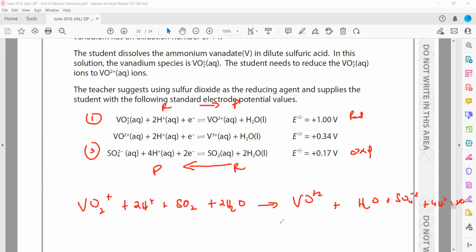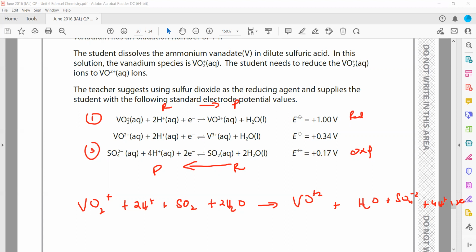When constructing an equation, the number of electrons lost by one should be equal to the number of electrons gained by the other. Here this equation is taking 2 electrons, and this is 1 only, so we first multiply by 2. The electrode potential will not change, we just change the number of electrons lost or gained.